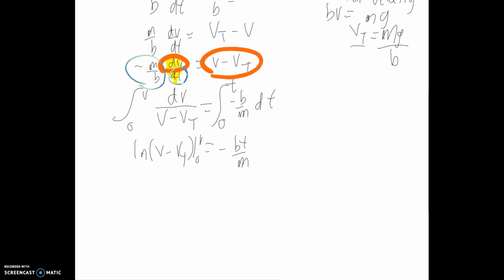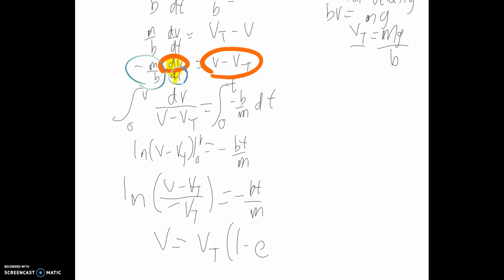I plug all that stuff in, and then I use the quotient rule, I end up with the ln of v minus vt over negative vt equals negative bt over m. I take e of both sides, I collect terms, and I get that v equals vt times 1 minus e to the negative bt over m.